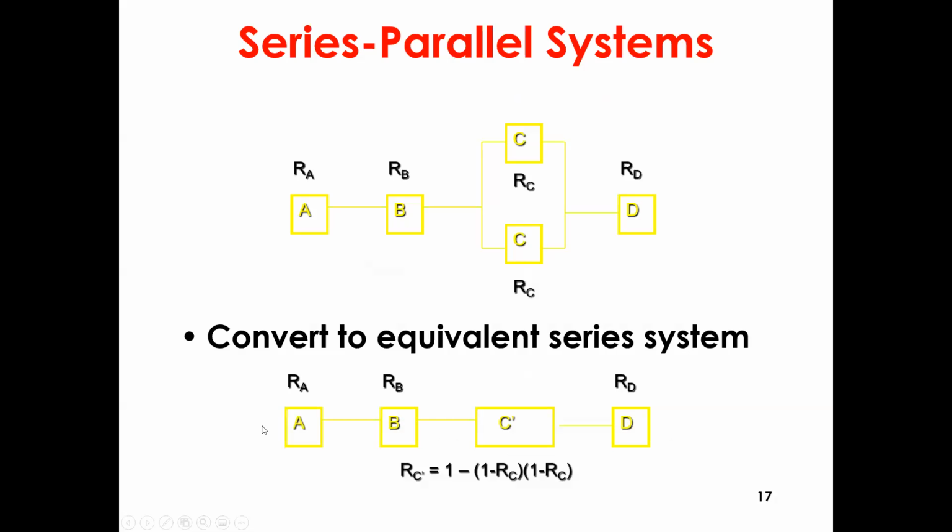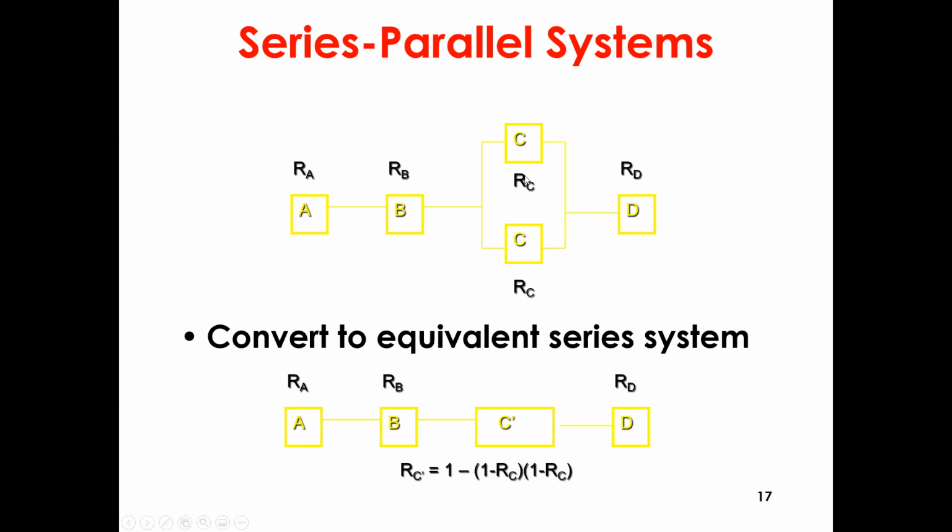Okay, now we can have a situation where we have a combination of series and parallel connections. If you take a look at this, these are in series, but these are in parallel. If I give you a question like this in an exam, where I give you a figure for the reliability of A or B and so on, you need to first start from here.